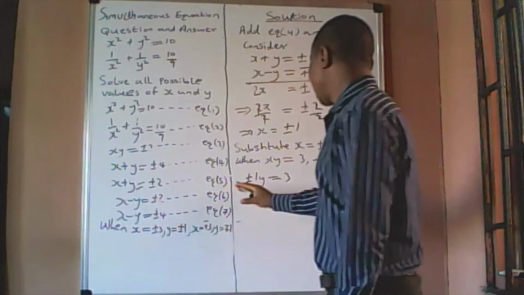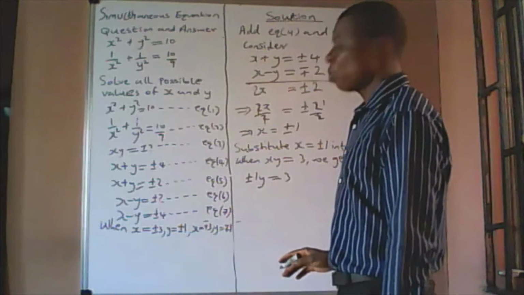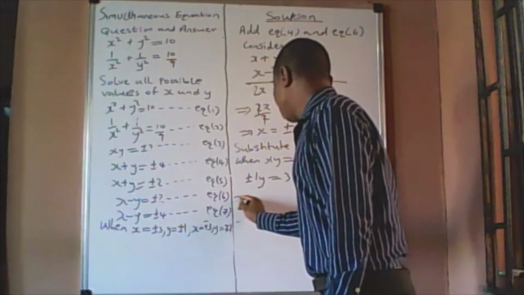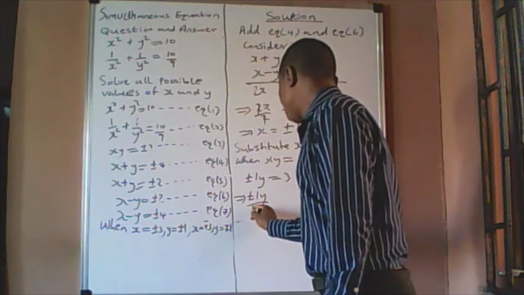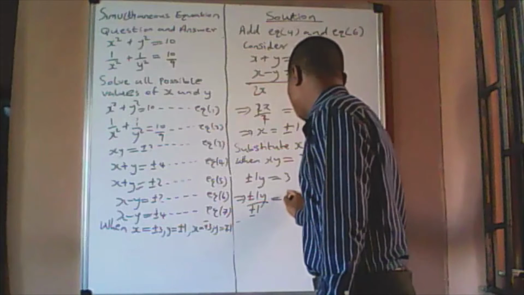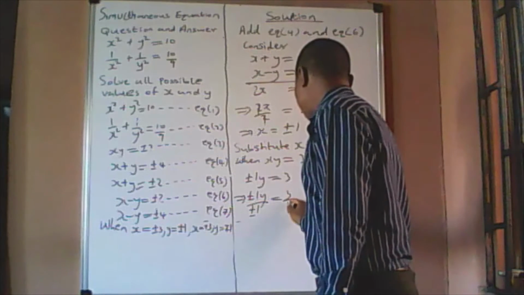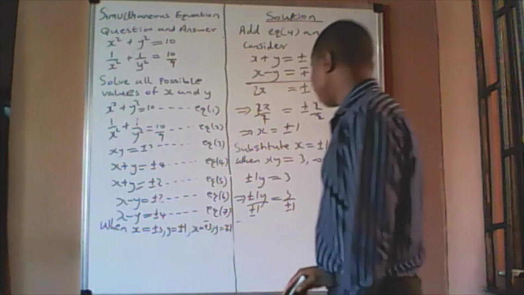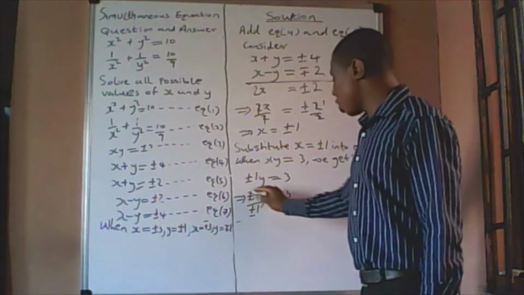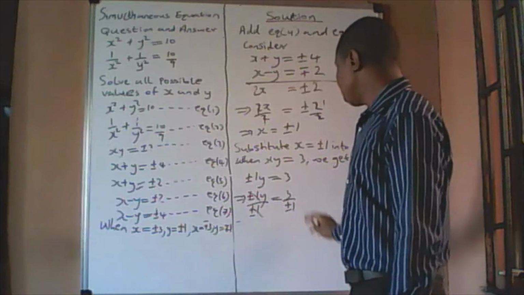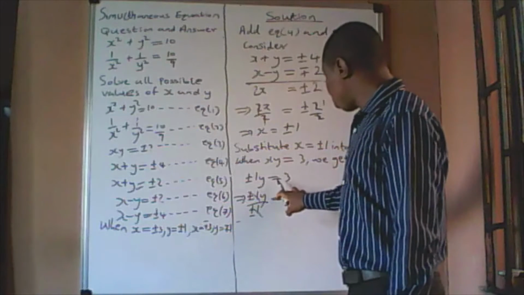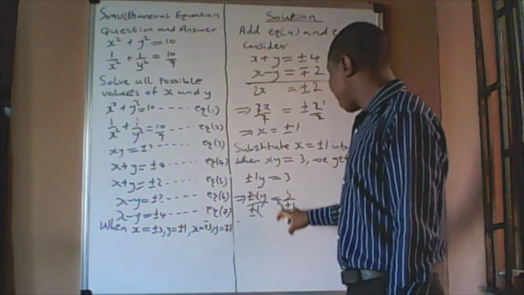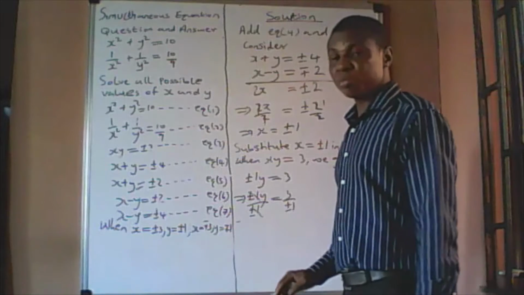We divide both sides by plus or minus 1. We get plus or minus 1y over plus or minus 1 equal to 3 divided by plus or minus 1. Plus or minus y equals plus or minus 1. 3 divided by 1 will give us 3. Then plus divide plus will give us plus.